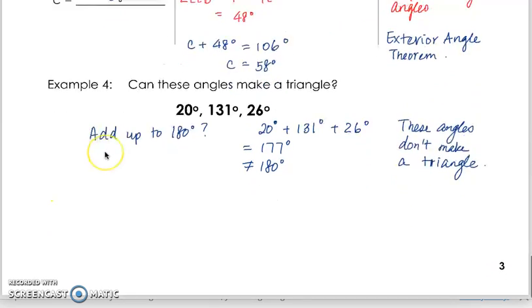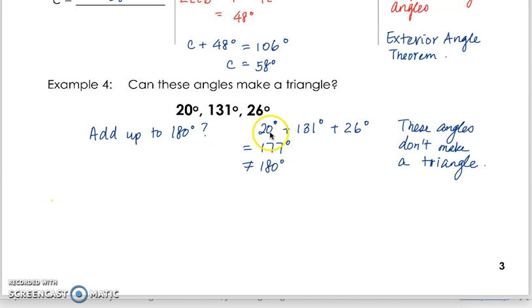Okay, example 4. Can these angles make a triangle? 20 degrees, 131 degrees, and 26 degrees. Well, we're going to come up with a solution or an explanation using the famous rule. All the interior angles in the triangle should add up to 180 degrees.